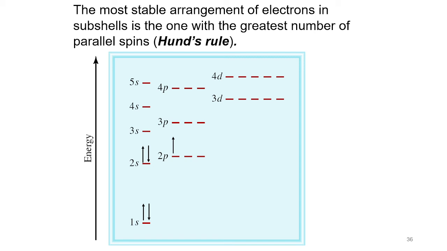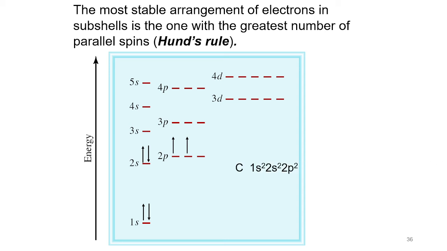Meaning to say, if we have our p orbital, we first need to fill up all 3 orbitals before we fill up the negative spins. So if we have carbon, which has 6 electrons, we will fill that up this way. But we can still write that as this.